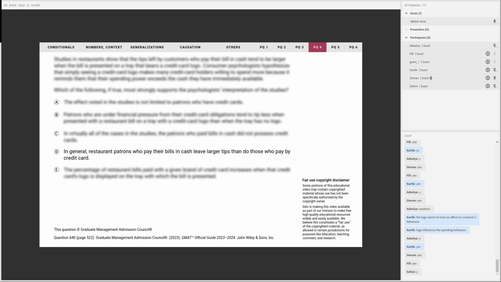Yes. Right. And I think that's a valid interpretation. But another way of looking at option D is, see, it says patrons who pay their bills in cash. First of all, let's take a step back and understand why this may be irrelevant, because the question is about people who pay in cash. It's not about people who pay by credit card.